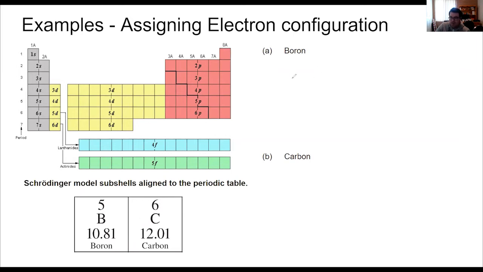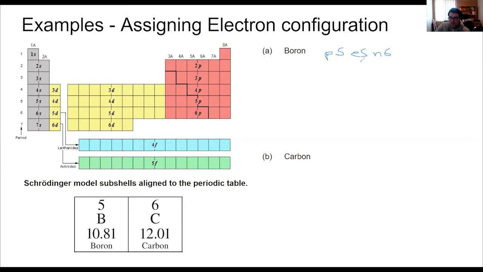So if we take a look at boron, in terms of protons, it's got 5 protons. In terms of electrons, it's got 5 of them. In terms of neutrons, on average it's going to have at least 6, but because it's 10.81, there are some other isotopes that have a different number of neutrons.